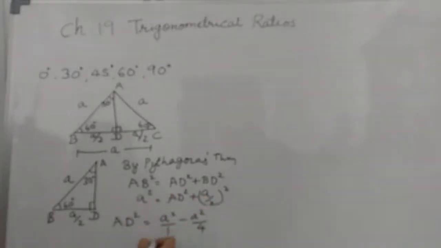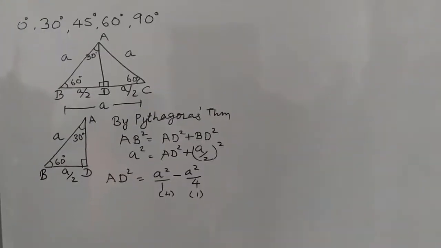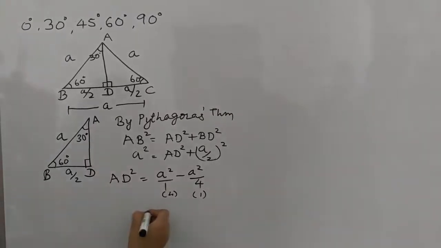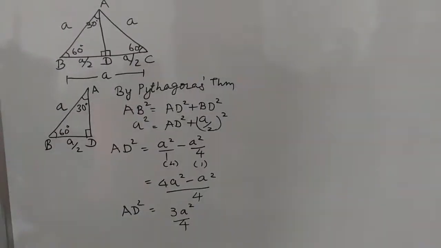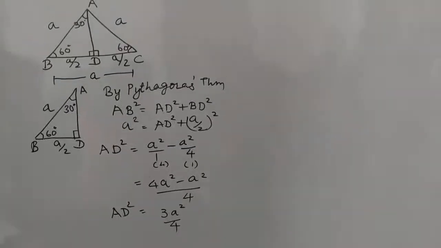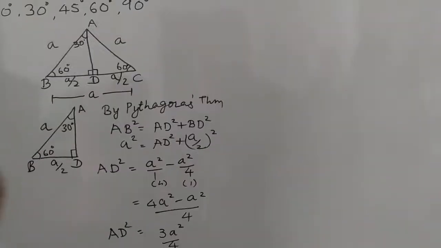By taking LCM we can solve it: 4A square minus A square upon 4 is equal to 3A square by 4. This is our AD square value and we will take its square root on both sides.